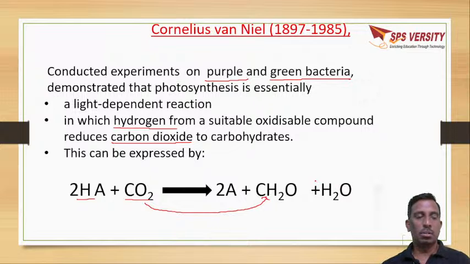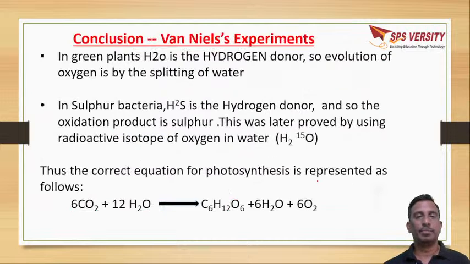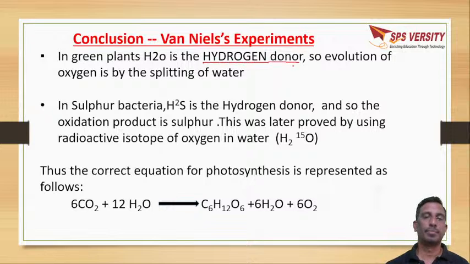So Cornelius Van Niel finally came to the conclusion that H2O, water, which is required for photosynthesis, is a hydrogen donor. It undergoes oxidation. So this H2O is split during the light reaction, that is, splitting of water takes place.